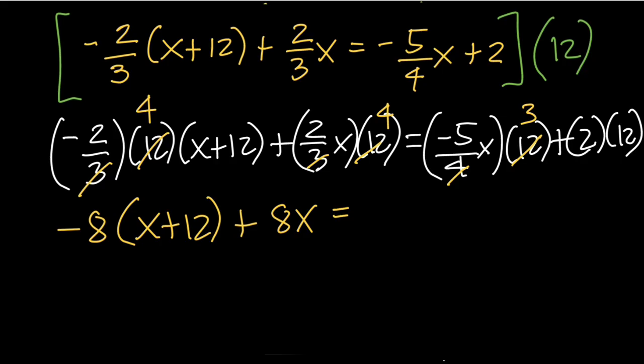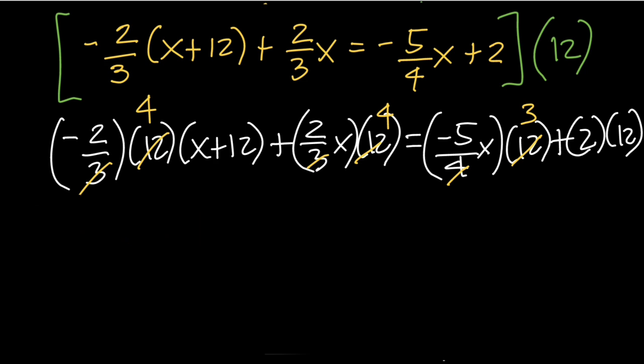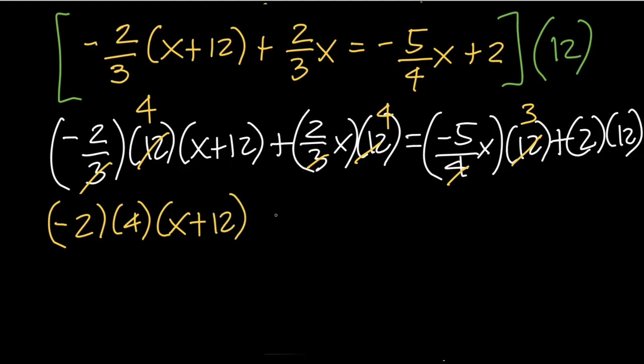What do you mean by chance? Okay, let me do this one by one, all right? So it won't be confusing. So we're left with 4 here, right? Because we already divided 12 by 3. 12 divided by 3 is 4. So this is just negative 2 times 4 times x plus 12. That one is understandable.